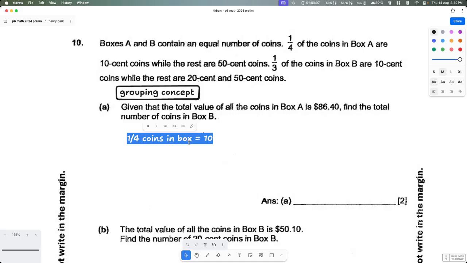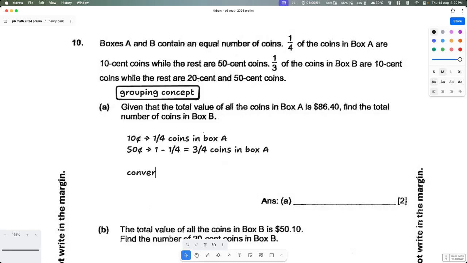So let's convert. 10 cents is 1/4 in box A. What about 50 cents? 50 cents will be 1 minus 1/4, which is 3/4 of the coins in box A as well.